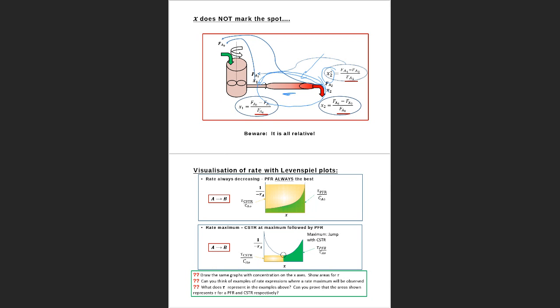But if I finally want to sell it to my customer and say, yes, I've done a good job, I will use the overall conversion over this entire system. Be careful with conversion, because we will get some tuts where it's going to trip you up if you don't concentrate on doing mole balances and calculating conversion relative to the correct basis.